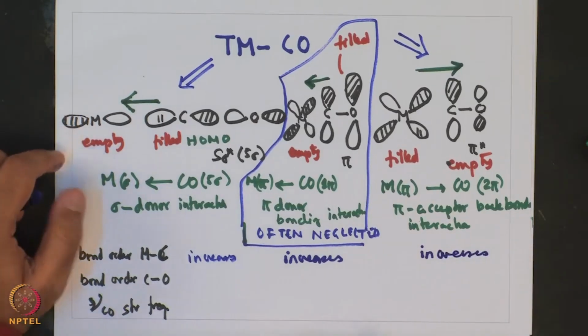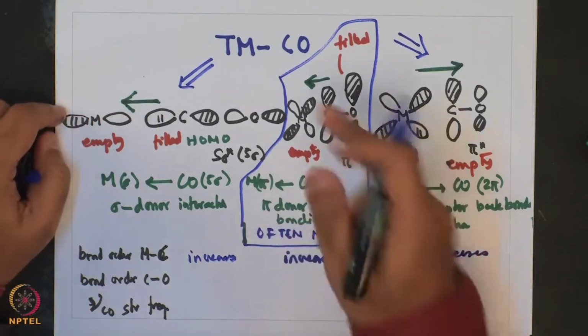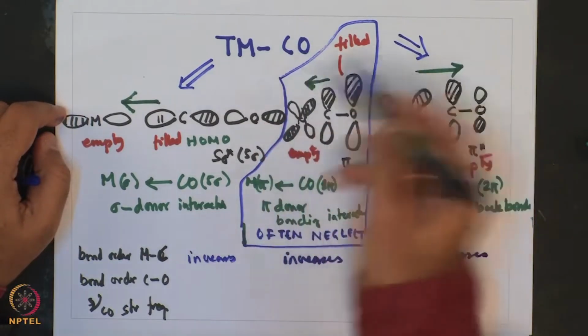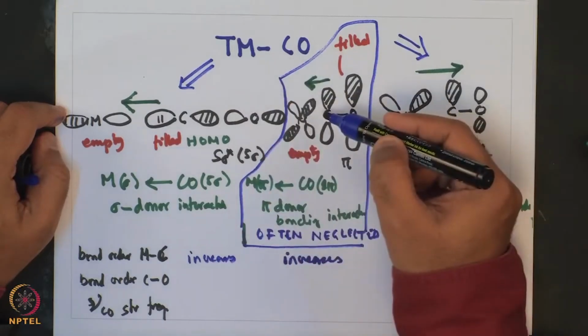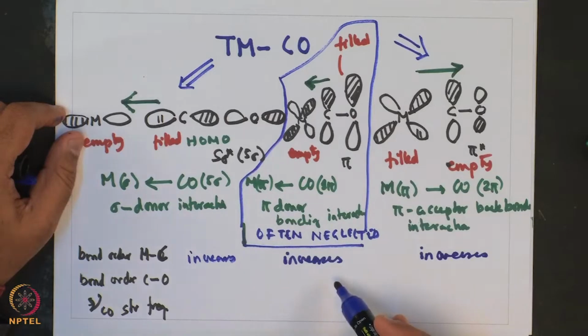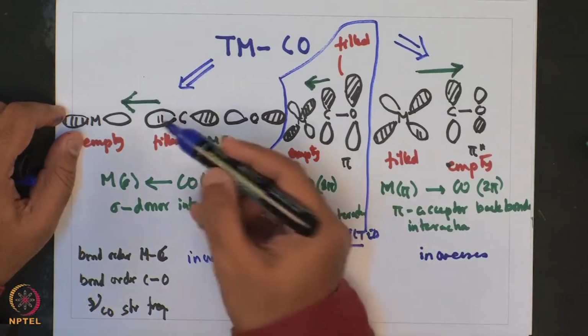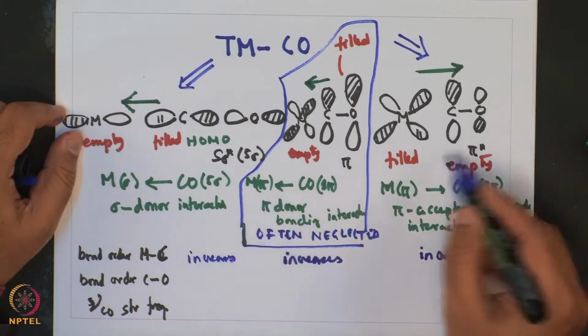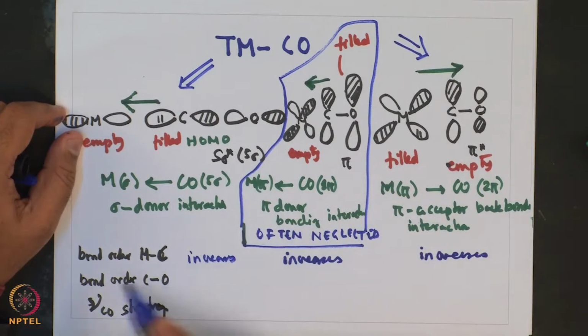So, what we see is that the interaction between CO and transition metal in forward sigma donation, forward pi donation or backward pi donation increases the bond order of metal C. However, the forward sigma donation, forward pi donation and backward pi donation affect the CO bond order differently.